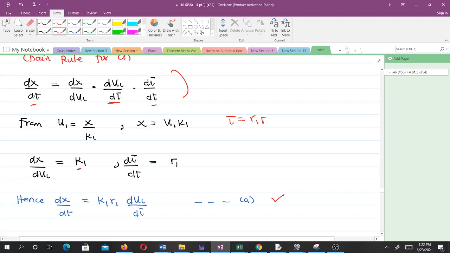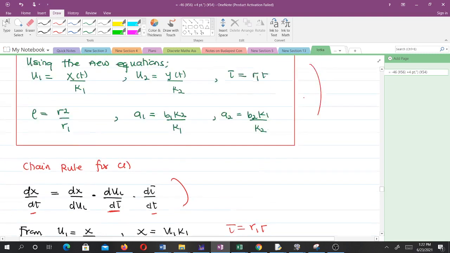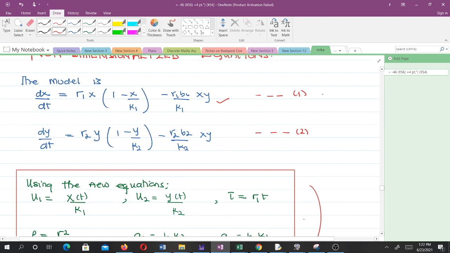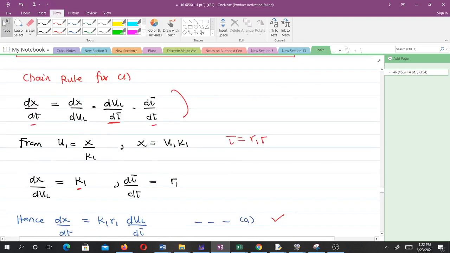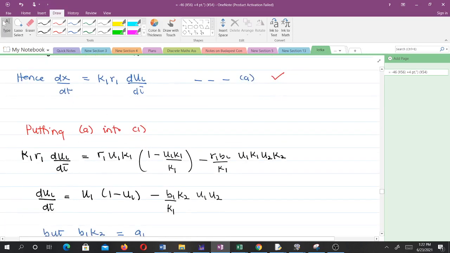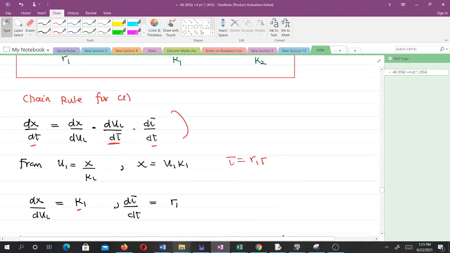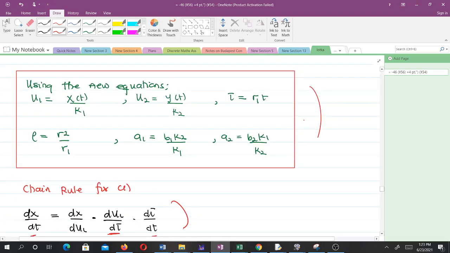So we are now going to put this equation a into equation 1. Wherever we find dx/dt, we'll put this there. Wherever we find x, we will put u1 k1 there because x equals u1 k1, and whenever we find y, we'll put u2 k2 there because from here y is equal to u2 times k2.